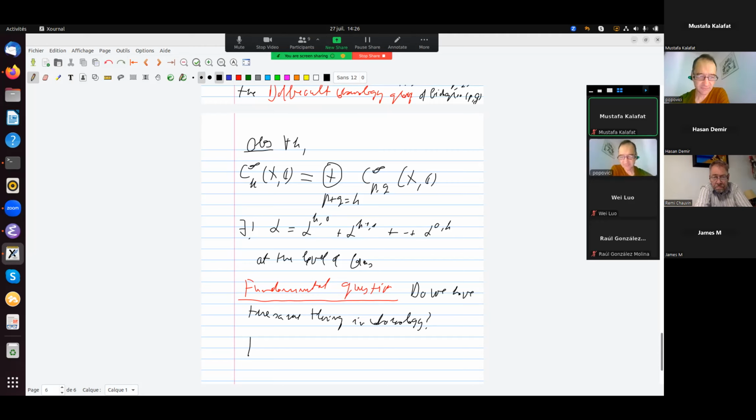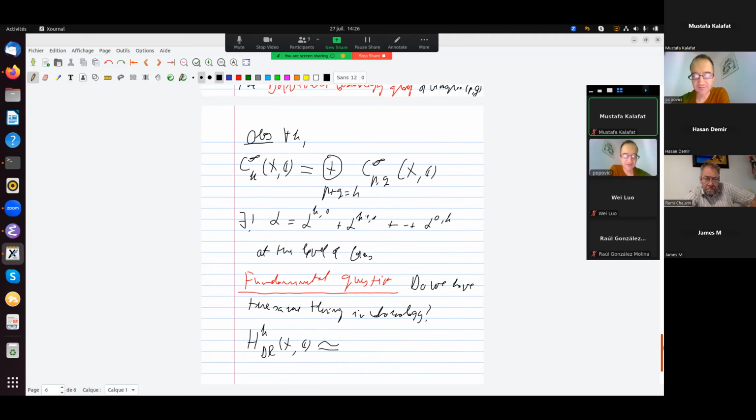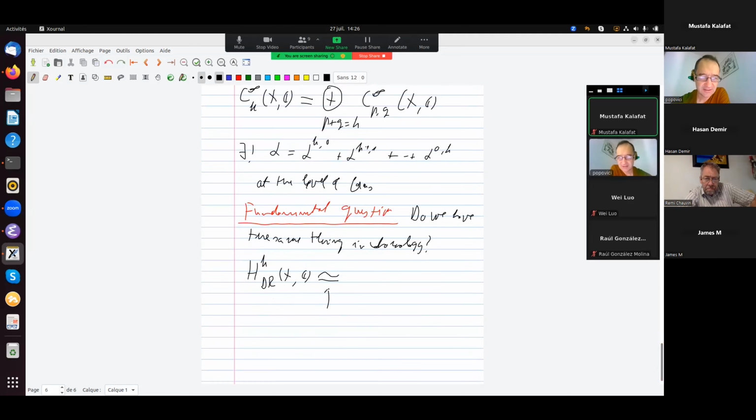In other words, is it true that H^k de Rham of X, C splits, or well, is canonically isomorphic, because not necessarily equal, to the direct sum over p plus q equals k of H^{p,q} Dolbeault?